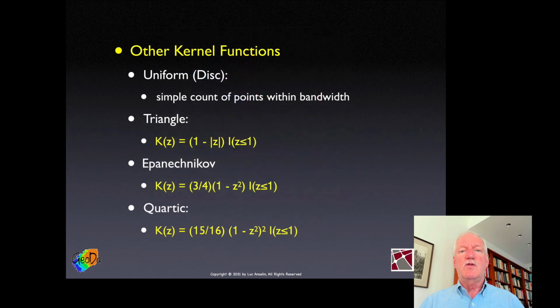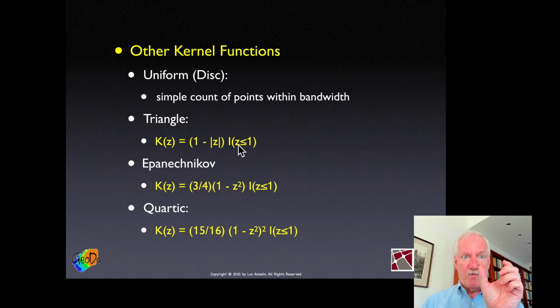And then to show you the other aspect, the choice of the kernel function. I already mentioned the uniform or disk one, which is simply counting the points within the bandwidth. Another common one is a triangle one. You can think of it as a kernel function like this. Remember, we had the bell shape. Now we go with the triangle, where z is a fraction.